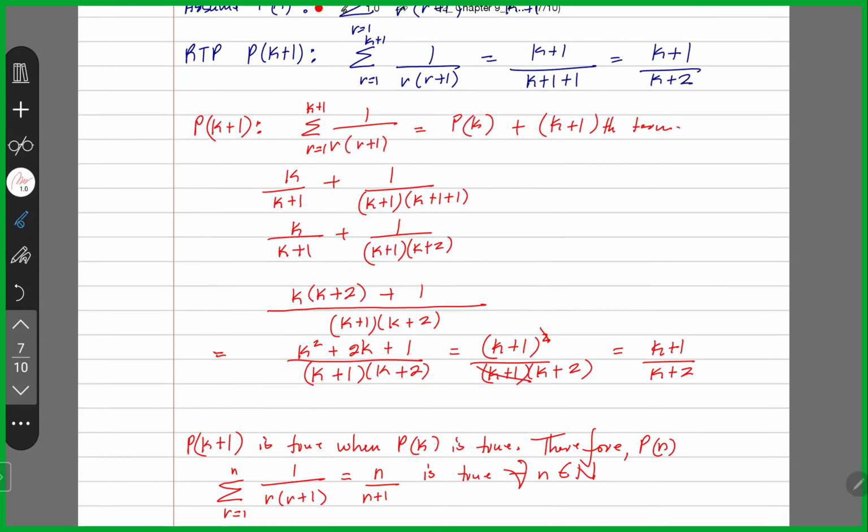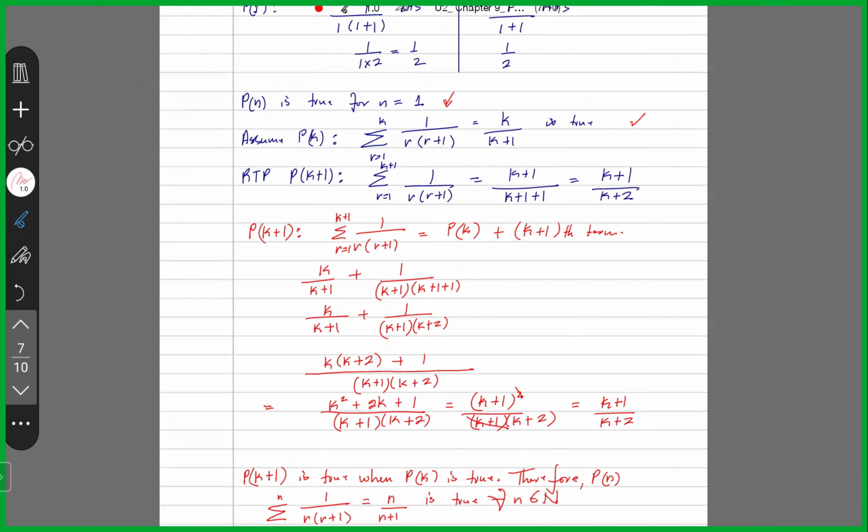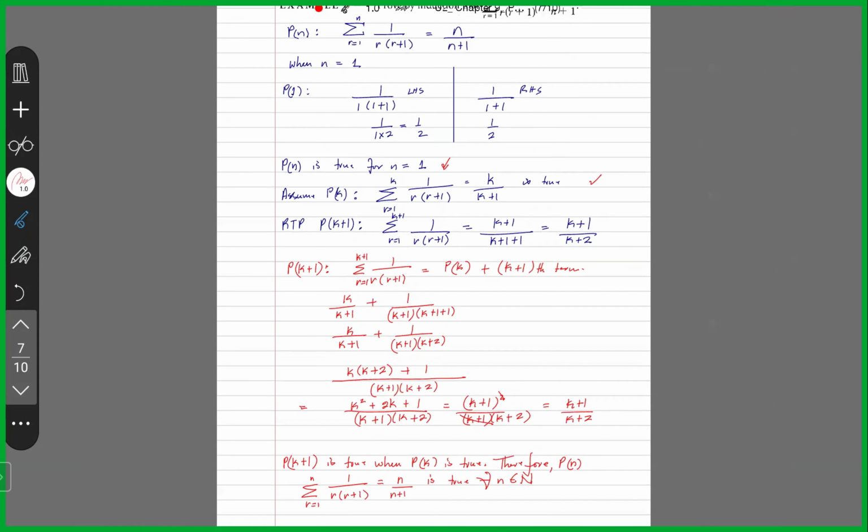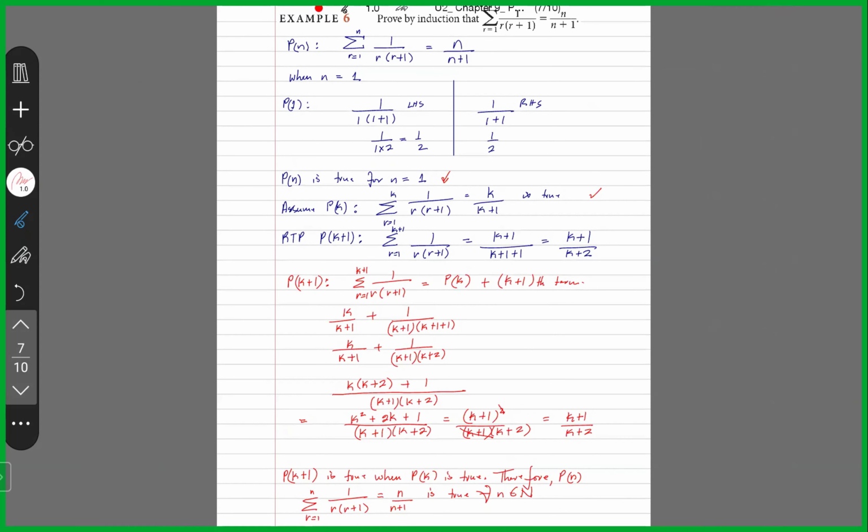So this is what we're asked to prove using PMI, the principle of mathematical induction, and we have just completed that task.